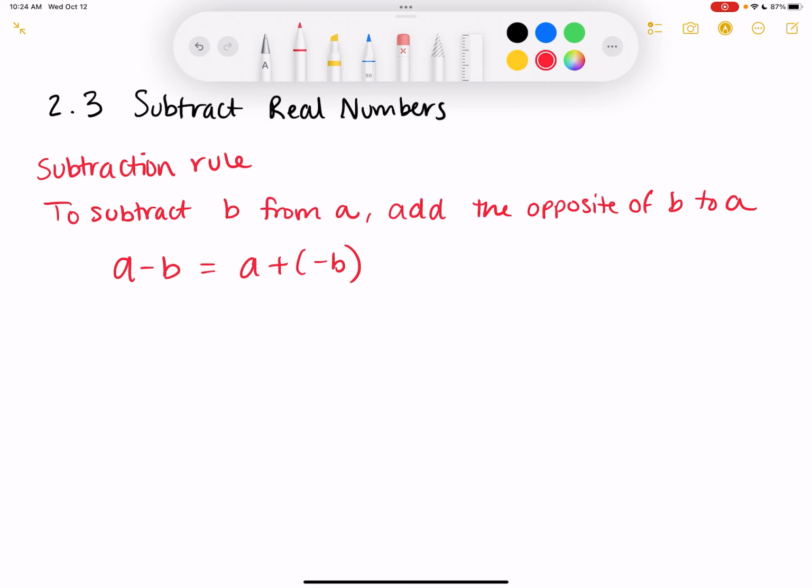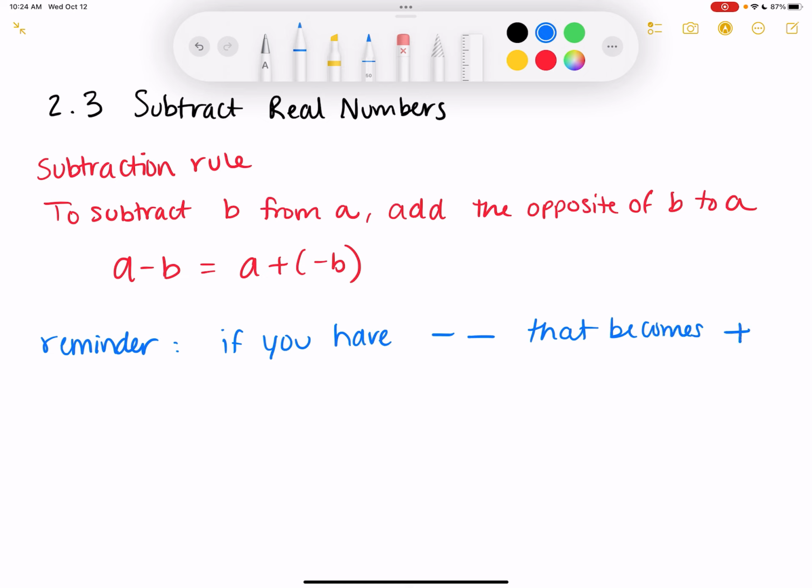And then kind of just a reminder, I know we just talked about it when we finished the last section, but if you have two negatives side by side, that becomes a positive, meaning we would add.